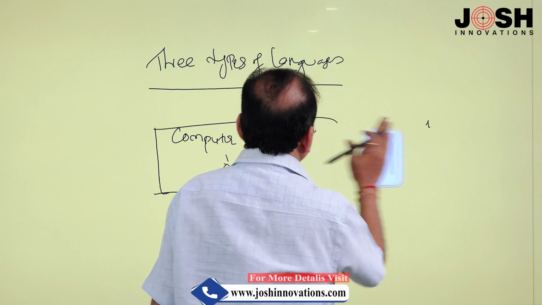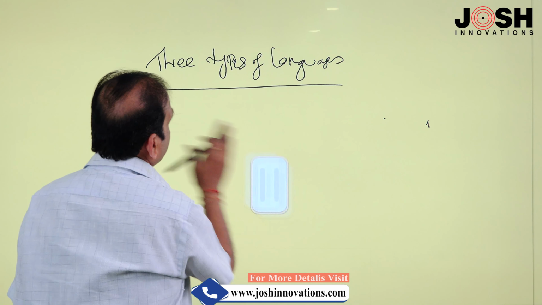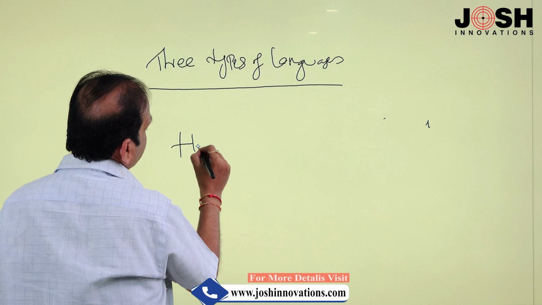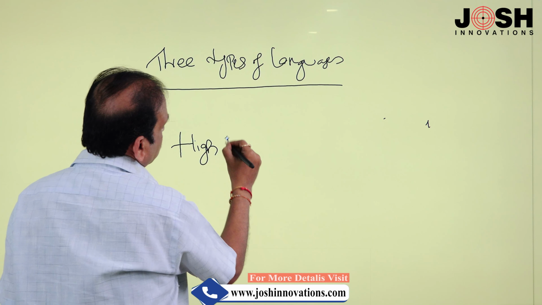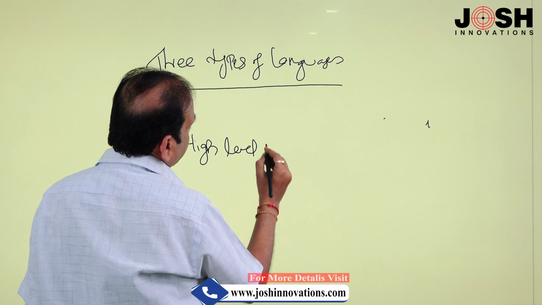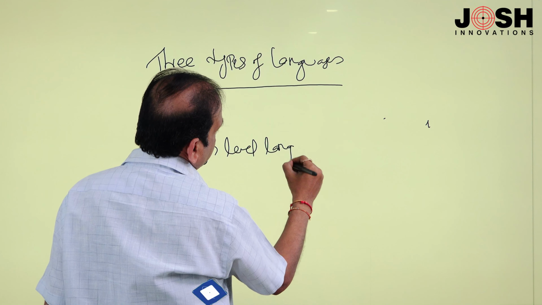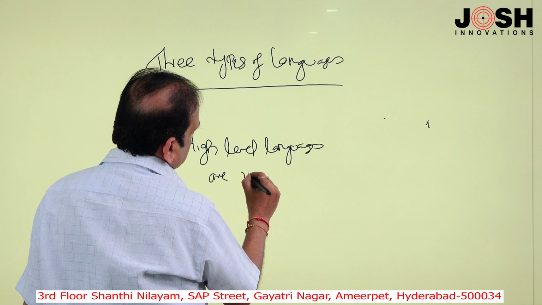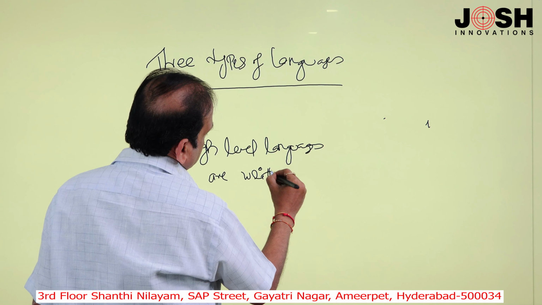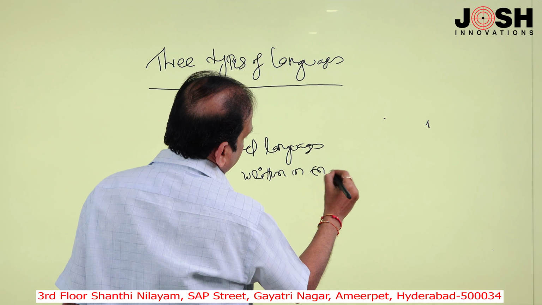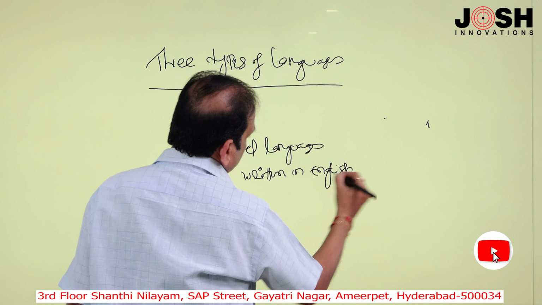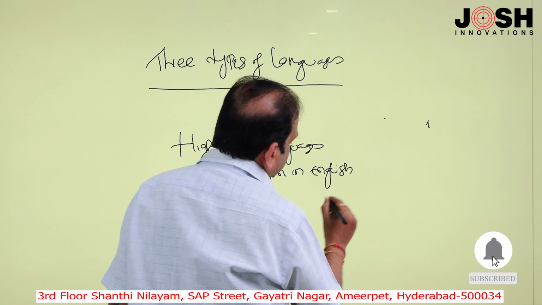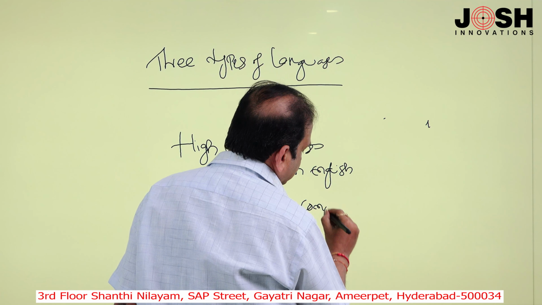So then we got high level languages, which we write in the English language so that everyone can understand. High level languages are written in English. But computers can't understand English.